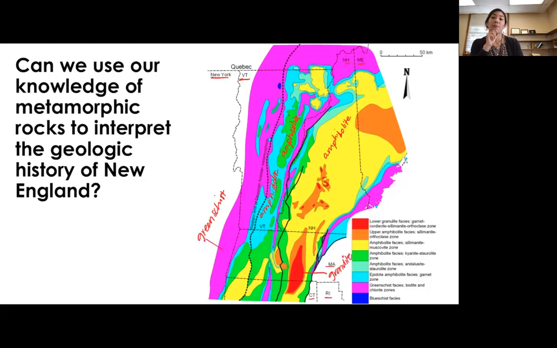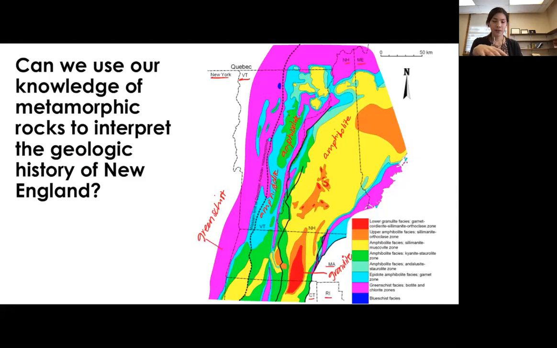So based on these facies, what we just looked at in the metamorphic facies diagram, and based on the pattern in which we see these rocks here, what interpretations can you make about the geology of New England and how these rocks formed? So you could start out with relatively what metamorphic grades are each of these rocks.